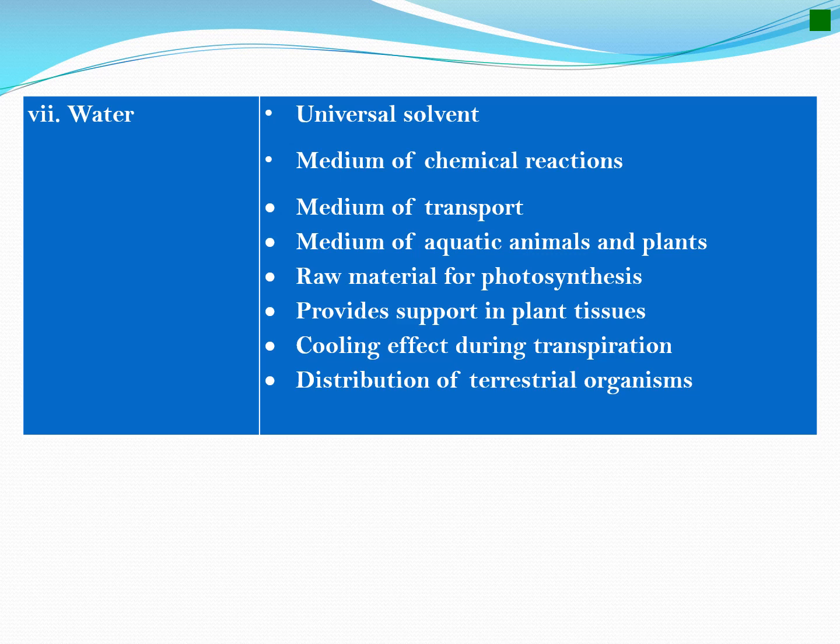Water is a raw material for photosynthesis and it provides support in plant tissues. We know that thanks to water, plants are able to make their own food and avail it to other living organisms too.